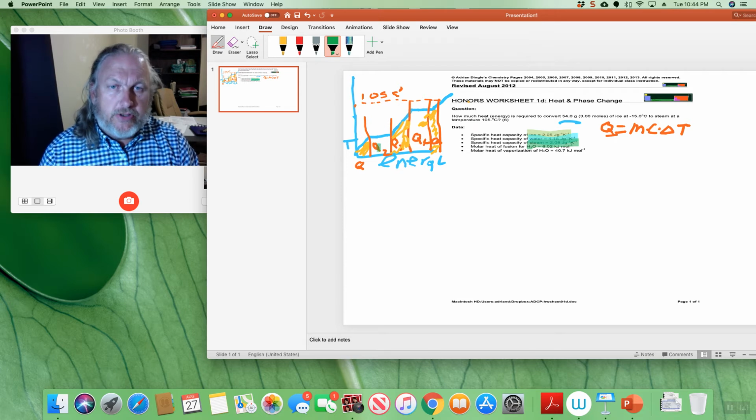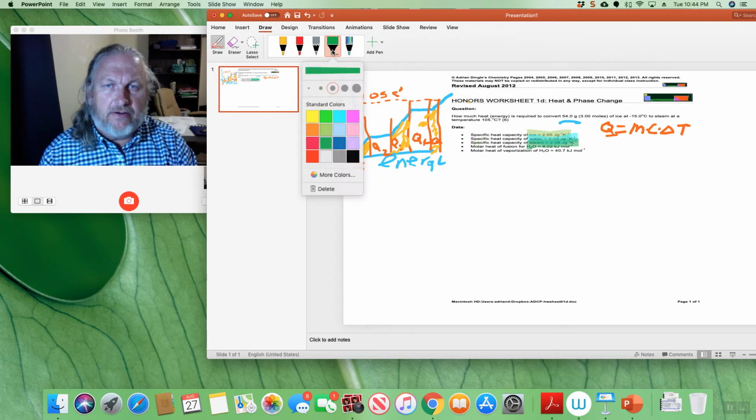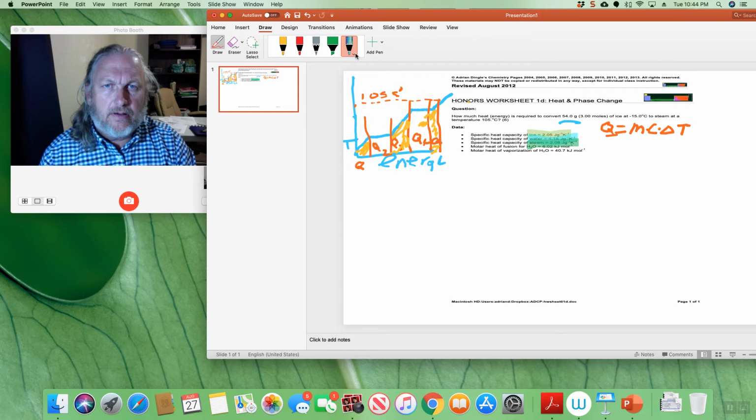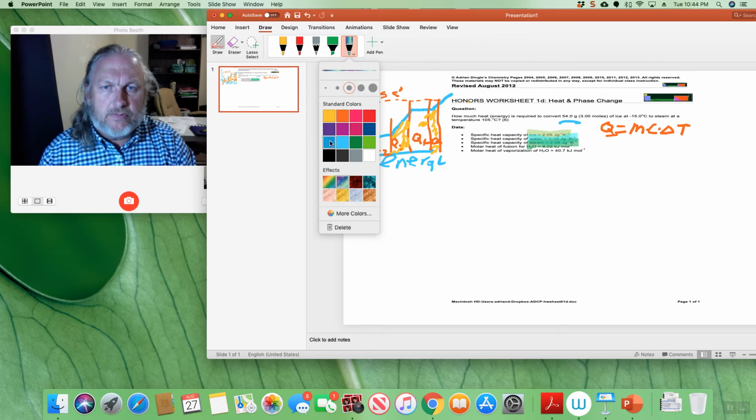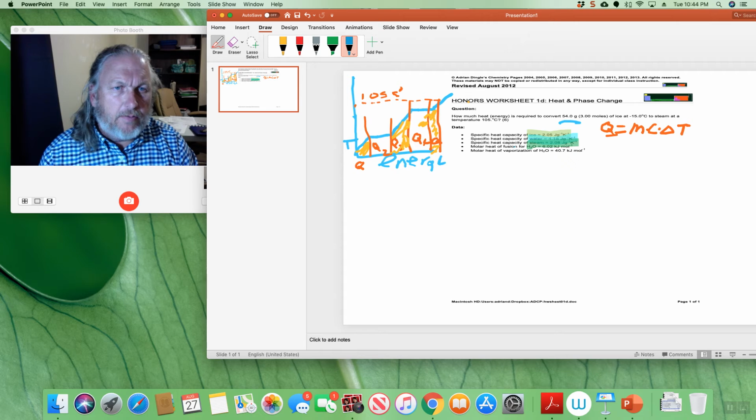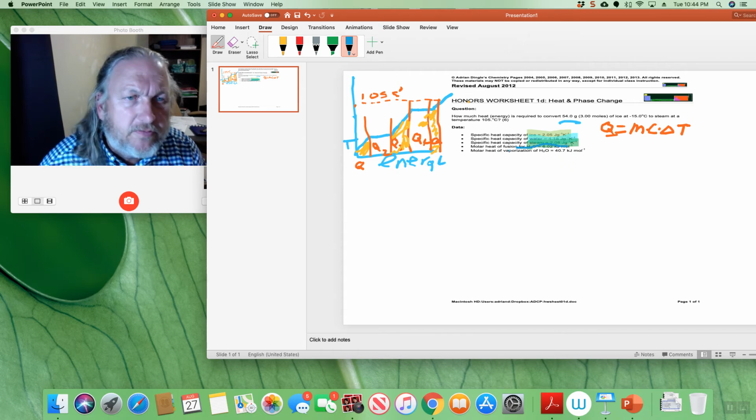So for the Q2 and the Q4 area, we've got to use a whole different formula entirely. Here we're going to use fusion, and the formula is this.